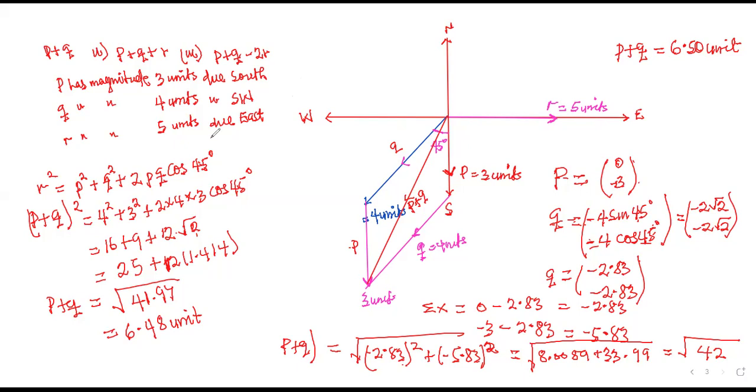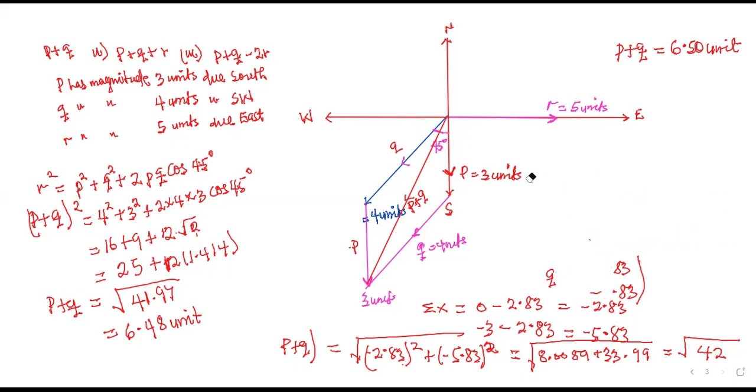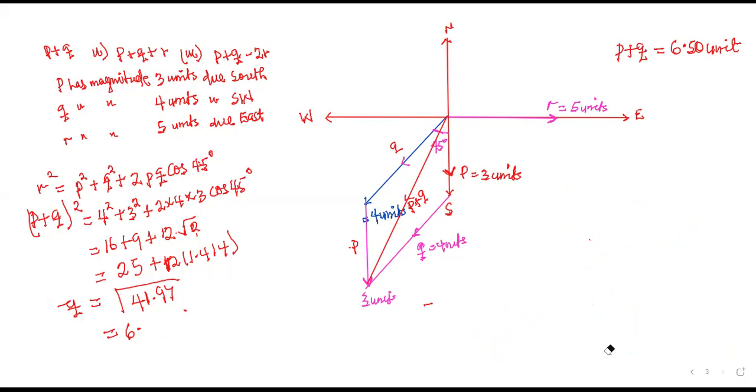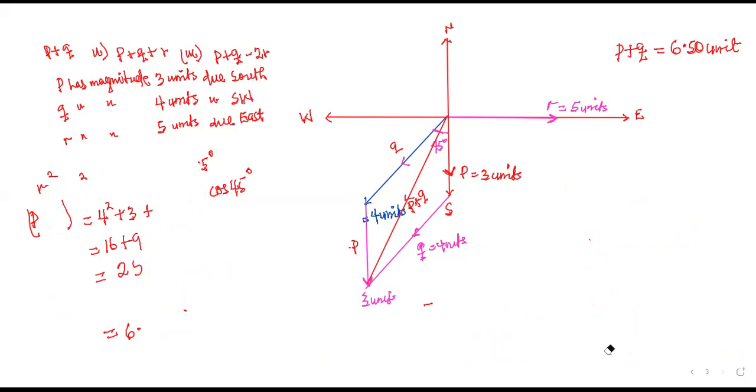You see, we found P plus Q. Let me clear all these parts. You can also use resolution of vectors. We've resolved P, and I think that is shorter. Let's do the simple thing, then later you explore. We've resolved P and Q into components, so resolve R into components as well.